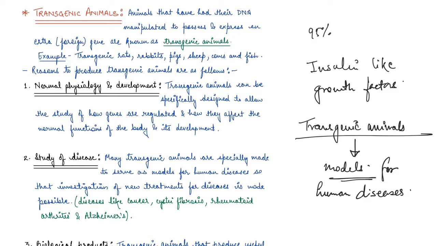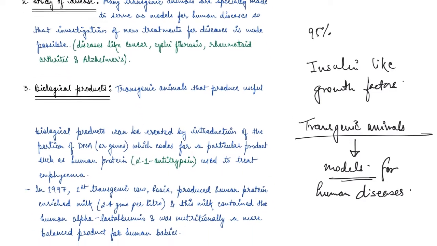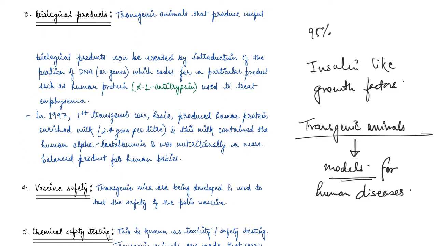Now, what is the third reason why we produce transgenic animals? Third reason is to use them for biological products. Now, what do we mean by biological products? There are medicines which are required to treat certain human diseases.